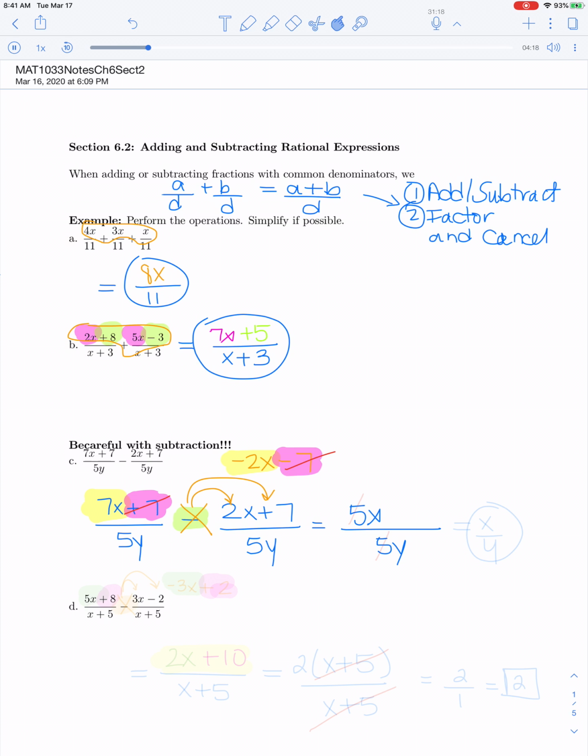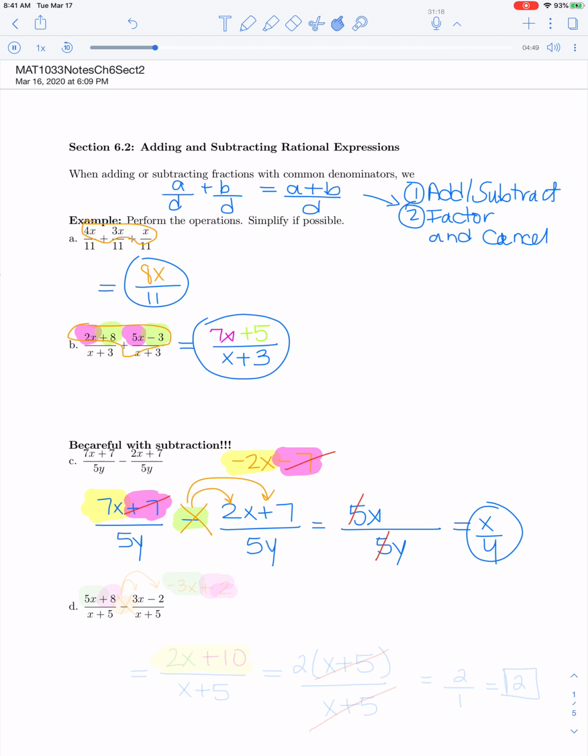So that leaves us with our 5x over 5y. Notice here's a good example of something that is not reduced. So we can reduce this. There's a factor of 5 on the top and the bottom that can be reduced. So we can divide out a 5 from the top and the bottom, which in a sense just cancels them out and leaves us with our final answer of x over y.